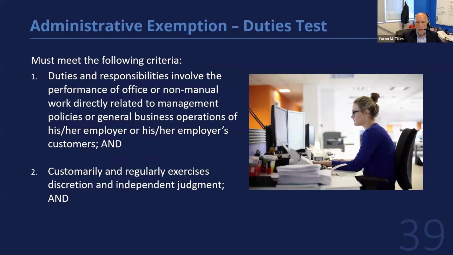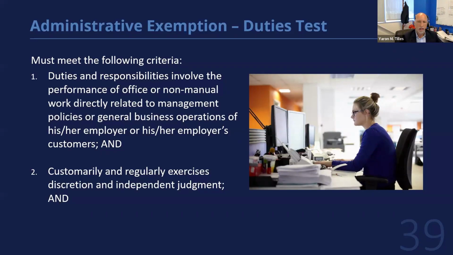Let's talk about the administrative exemption. So the following criteria must be met to satisfy the administrative exemption. One, duties and responsibilities involve the performance of office or non-manual work directly related to management policies or general business operations of the employer or the employer's customers.